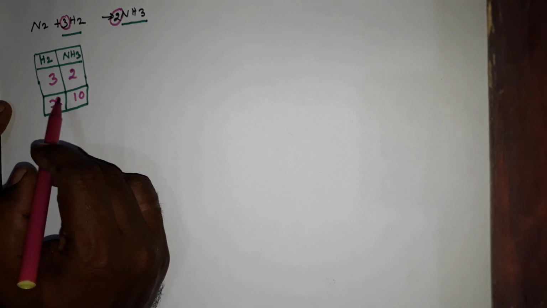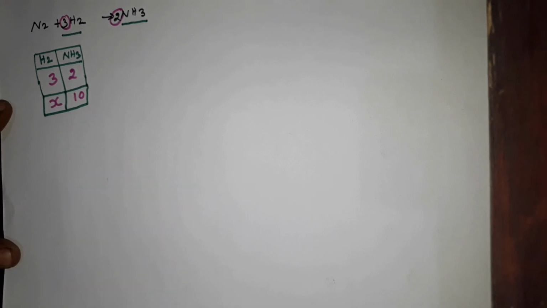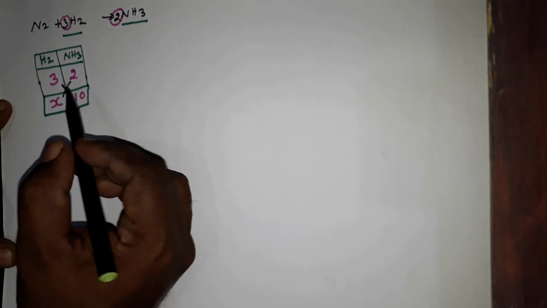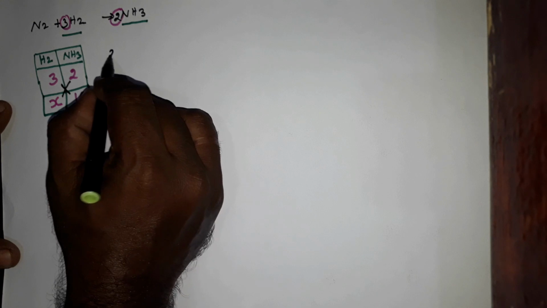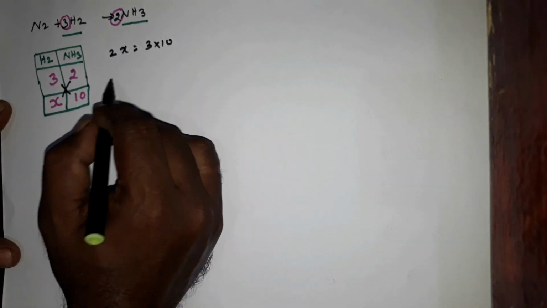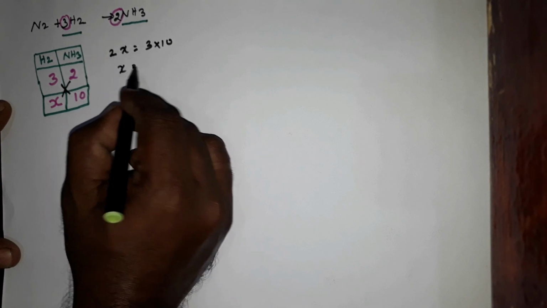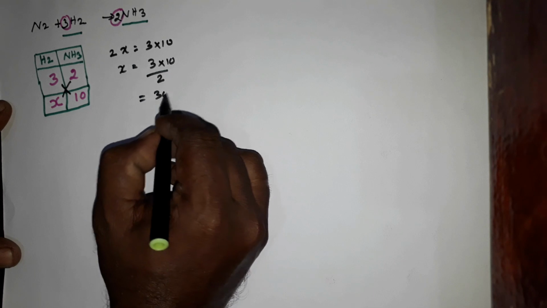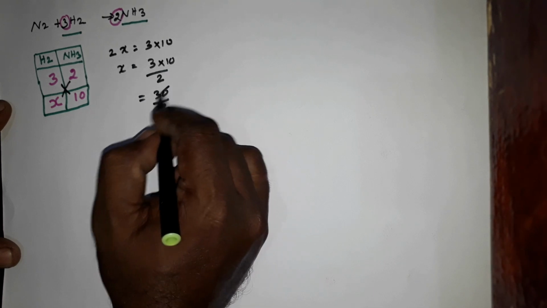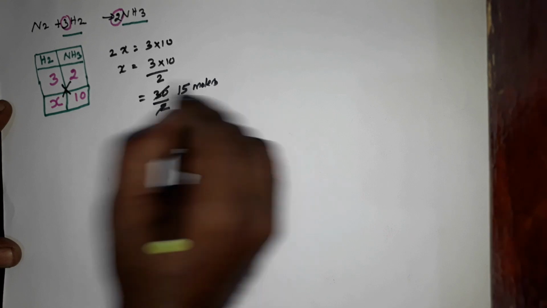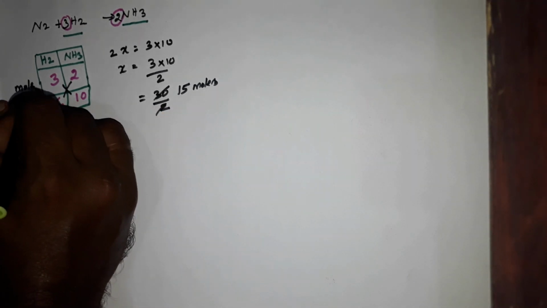That is the question. Now use cross multiplication. So 3 into 10, then 2 into x. So 2x equals 3 into 10. Then find x equals 3 into 10 by 2. So 30 divided by 2, we will get 15 moles. Actually these all are moles.